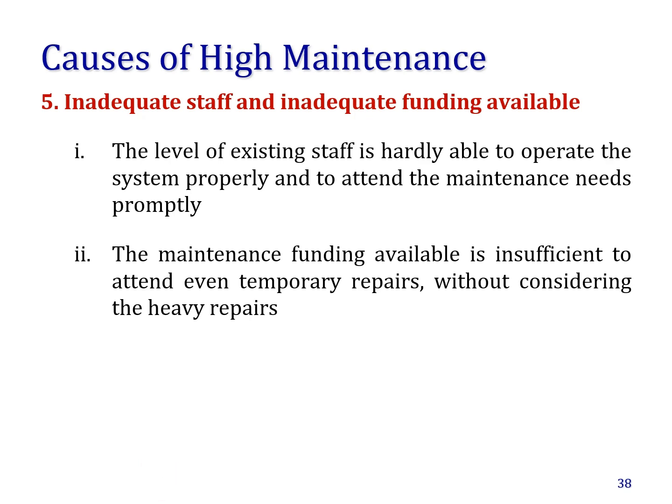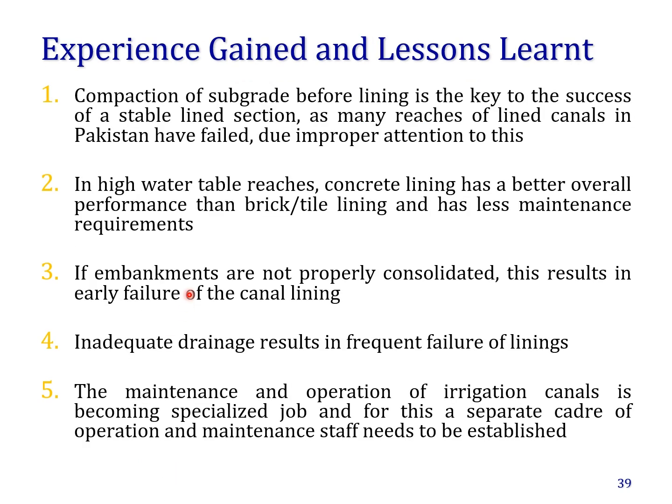After this we will cover a few of the experiences gained, or lessons learned, because the irrigation system in Pakistan is very old, and over the decades we have learned a few things that we shall share here. Number one, compaction of the subgrade before lining is key to the success of a stable lined section, as many reaches of lined canal in Pakistan have failed due to improper attention to this.